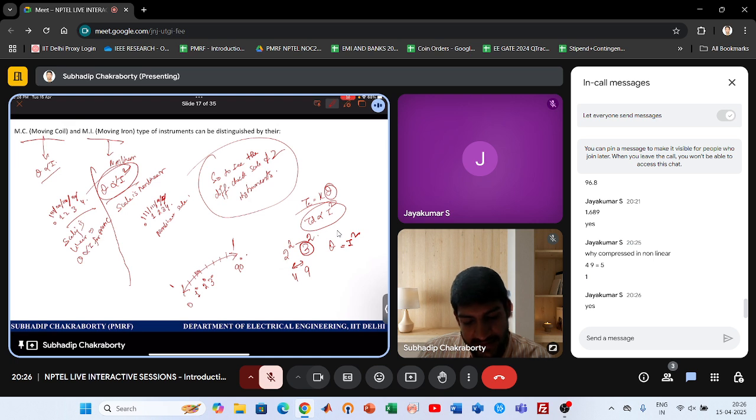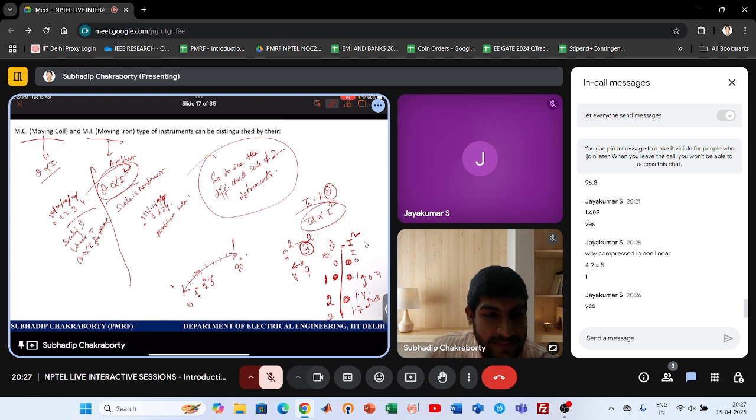If theta is 0, I is 0. If theta is 1, I is 1. But if theta is 2, I is 1.4. And if theta is 3, it is 1.7. So initially the gap was 0.4, now the gap is 0.3. So isn't it getting compressed? That's what I am telling.